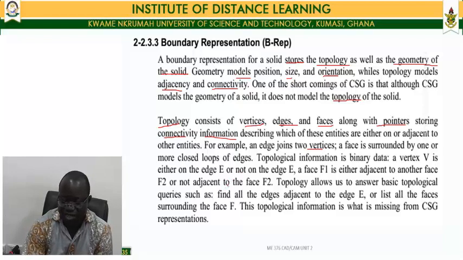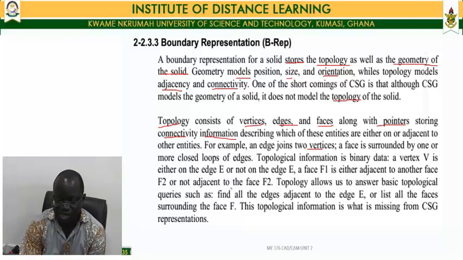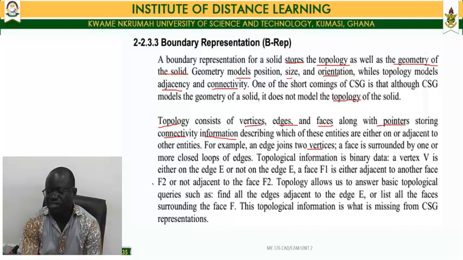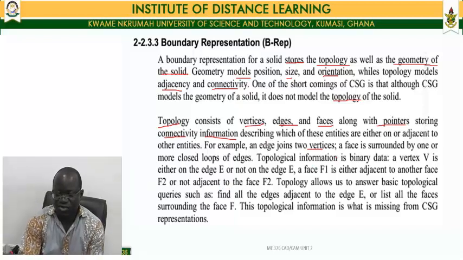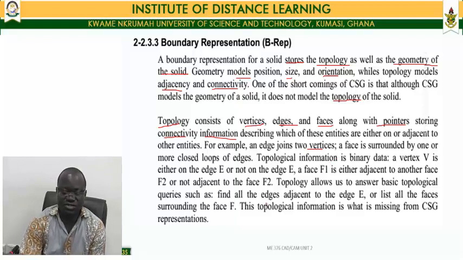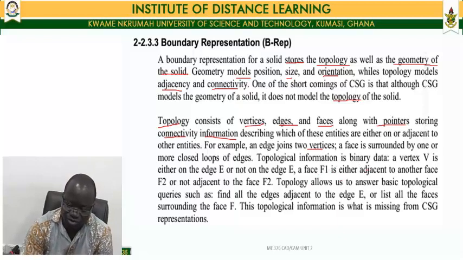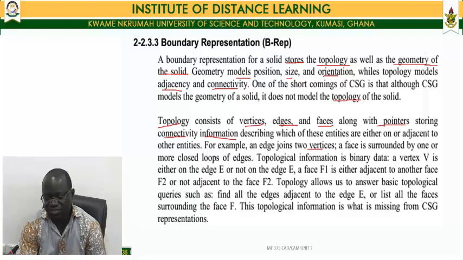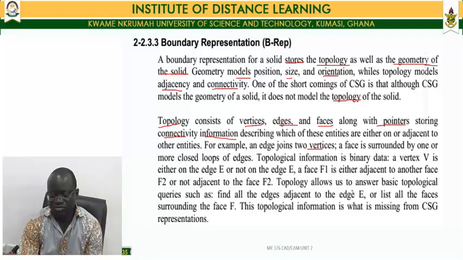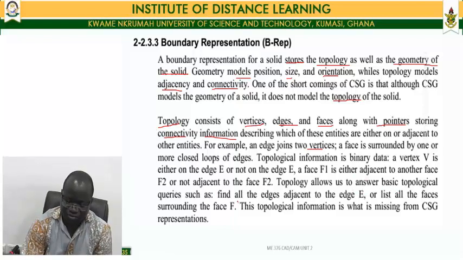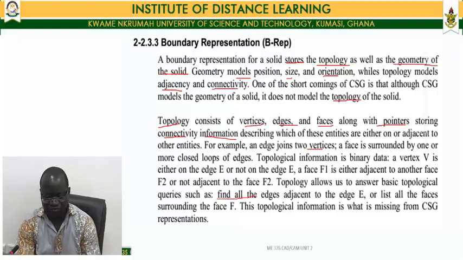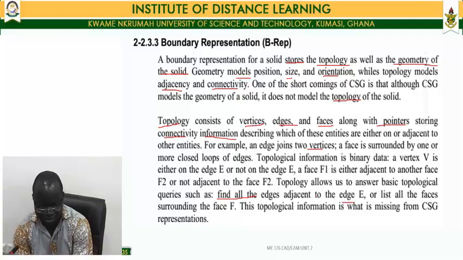Now when it comes to a face, the face is either adjacent to one other face or it's not adjacent. So 1 means it's adjacent, 0 means it's not adjacent to this face. So this topology information allows you to answer some basic queries, such as finding all the edges adjacent to a particular edge, or listing all the faces surrounding a particular face. This information will just be displayed. Now this is what is missing from CSG representation.